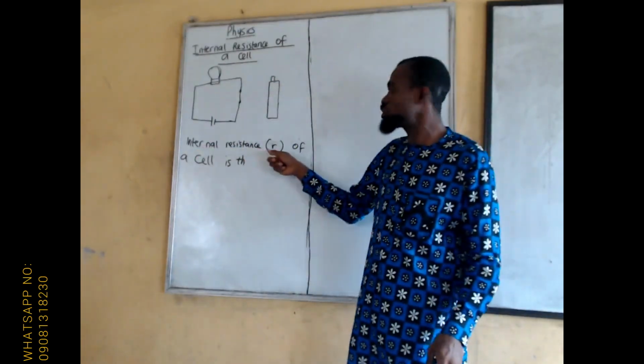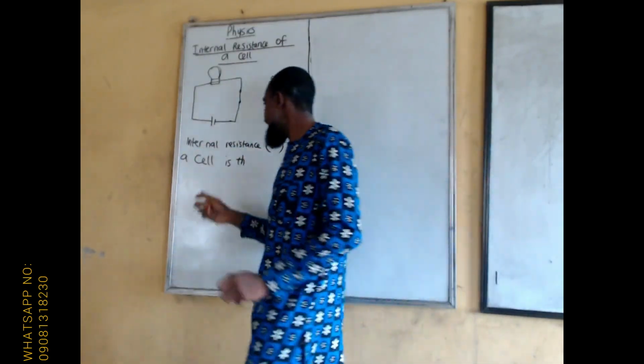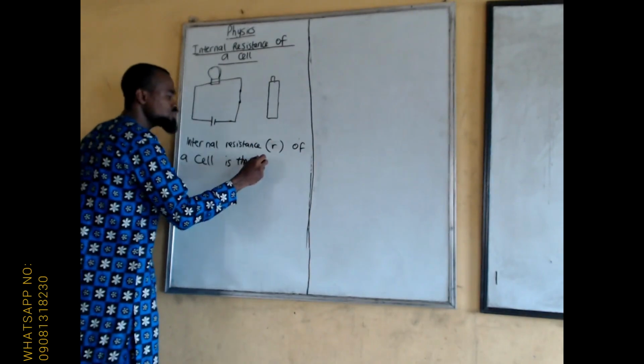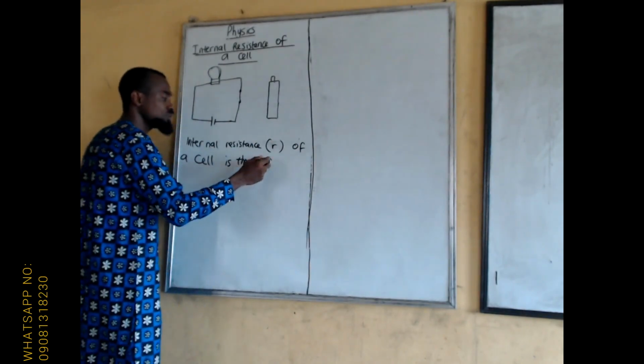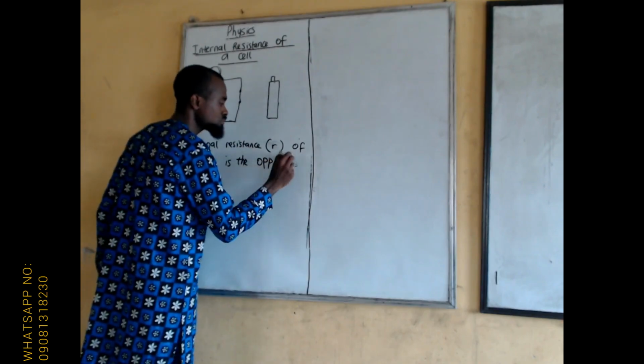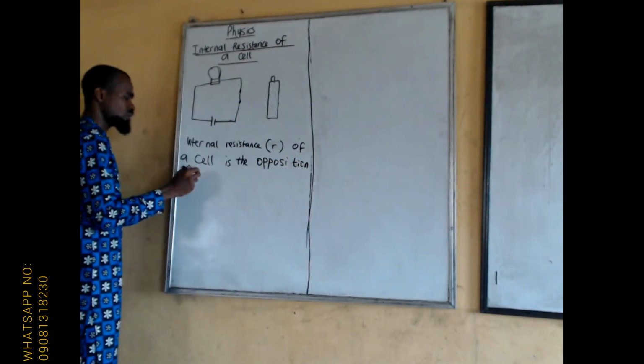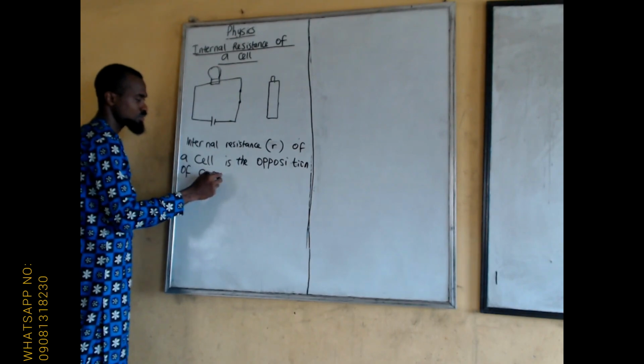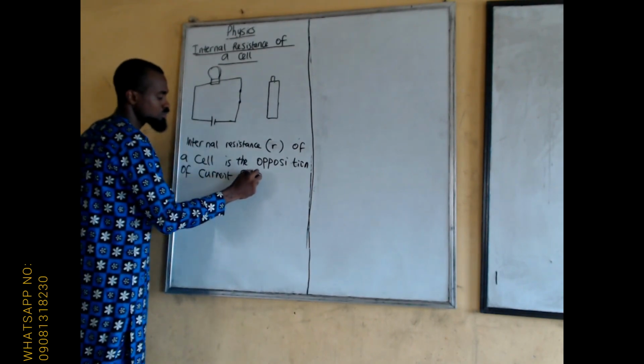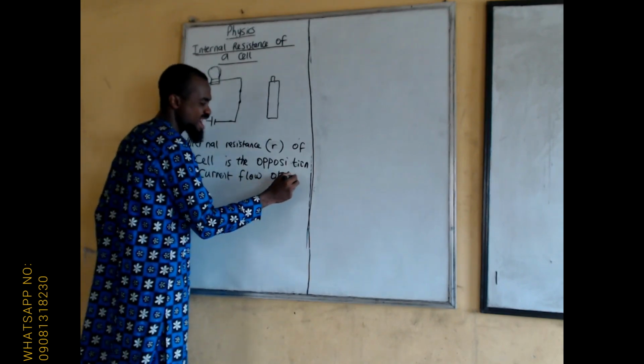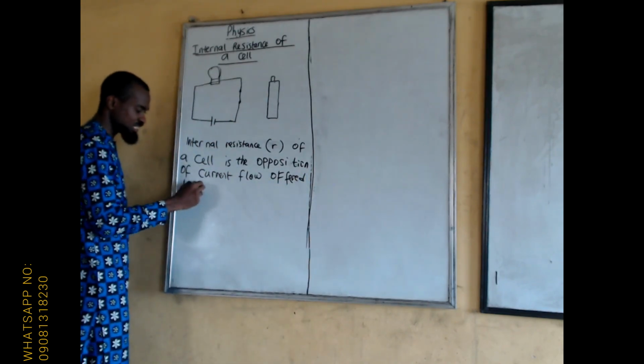So internal resistance of a cell, denoted by r, is the opposition. You already know that resistance is opposition. Internal resistance is the opposition of current flow offered by chemicals.